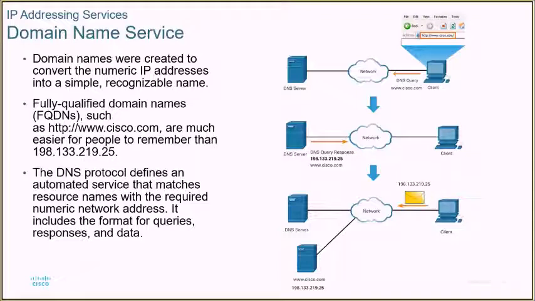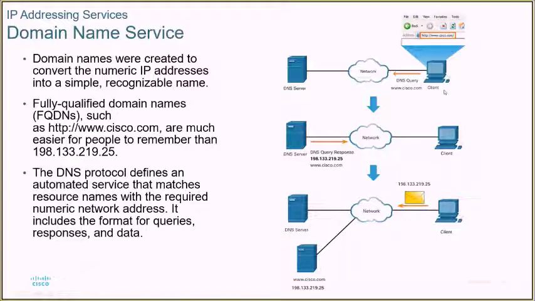There's always an implied dot at the end of an FQDN, and that refers to the root servers. If you've heard about the root DNS servers, they know the addresses of all the top level servers: the .coms, the .edus, the .aus, the .nzs, and so on. So that's the first part.